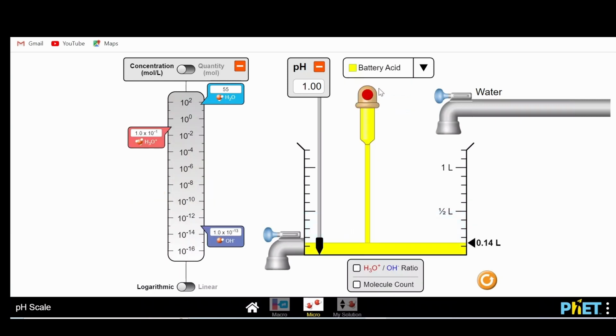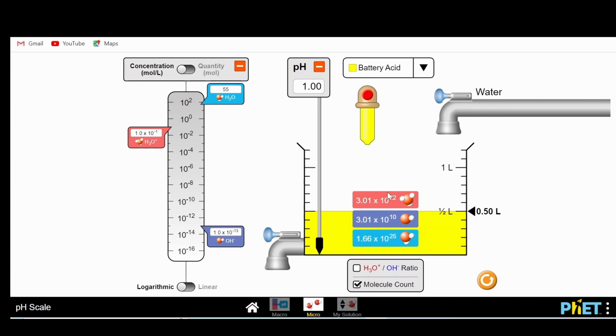Back to the acid-base solutions. When I select a battery acid, we see that the pH is equal to 1. This indicates that battery acids are examples of strong acids. Please note how adding water increases the number, hence the concentration, of the hydroxyl ions present in this solution, which then increases the pH value.